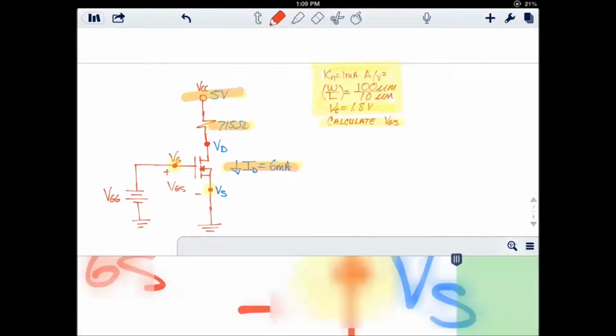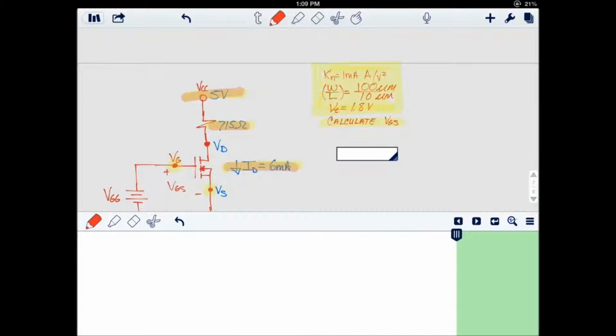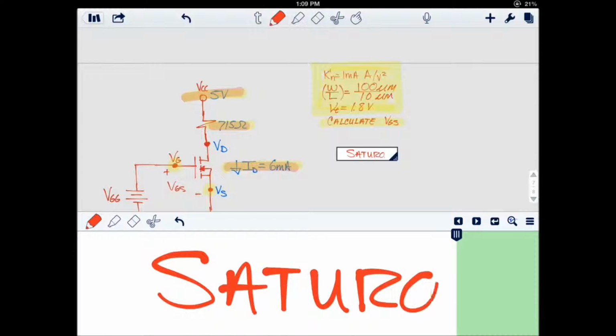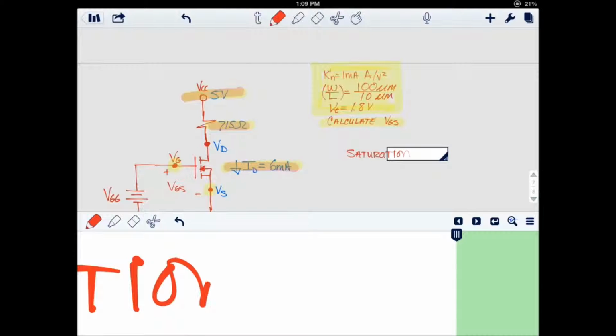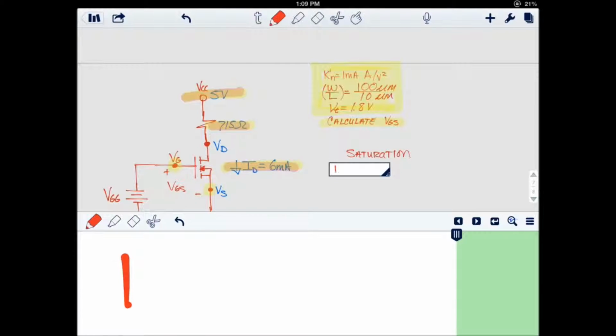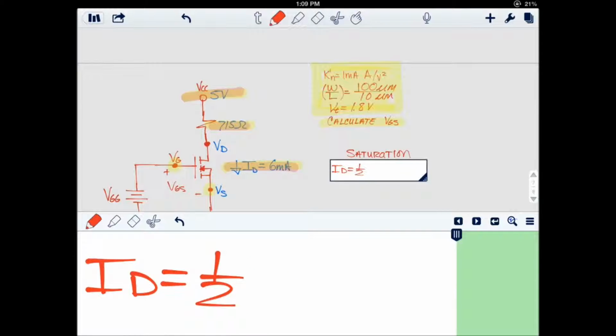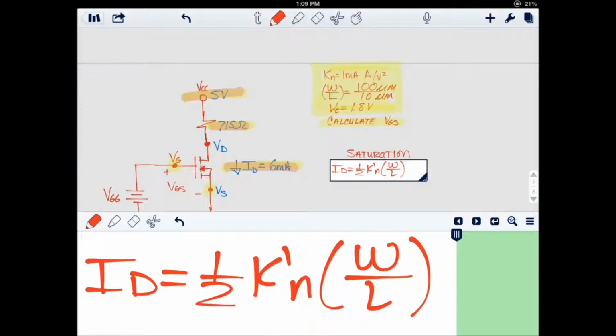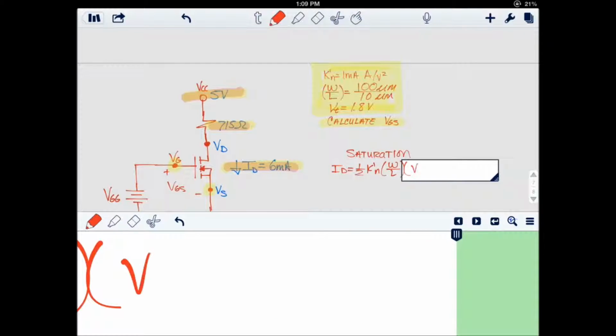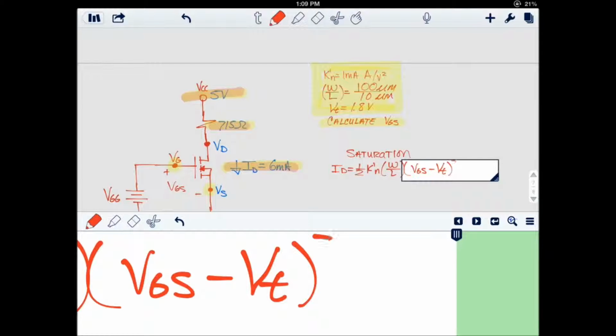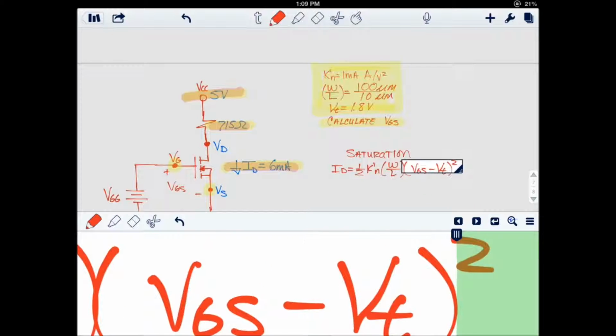So the first thing that we will do is use the simplest equation that we know, which is the saturation equation, which states that the current is equal to 1/2 the process transconductance parameter, the width over the length, times VGS minus the threshold voltage squared.